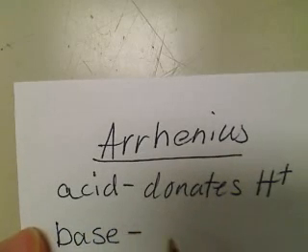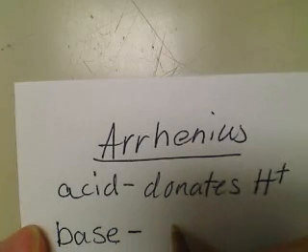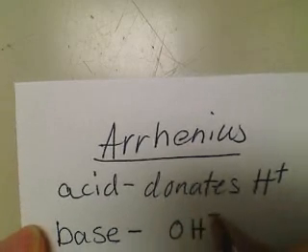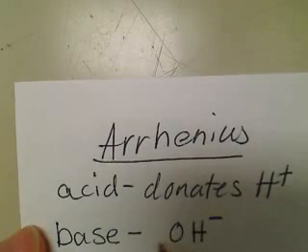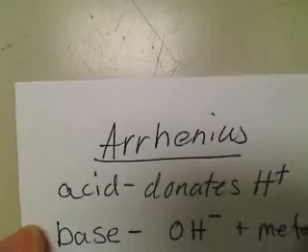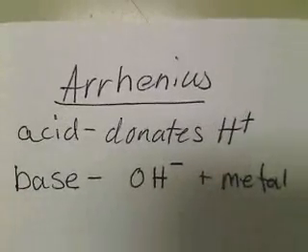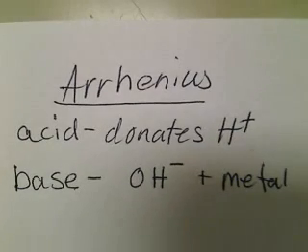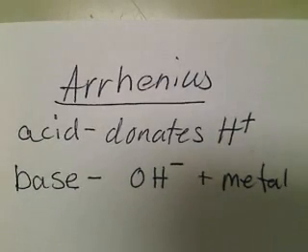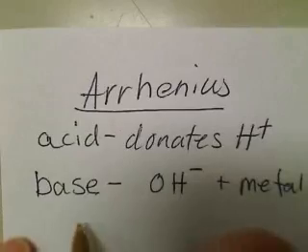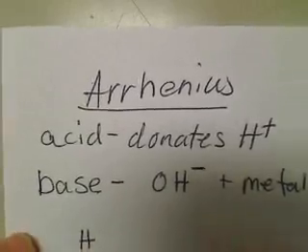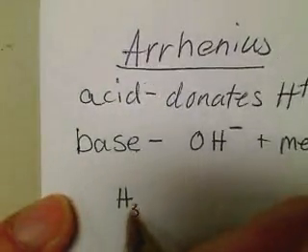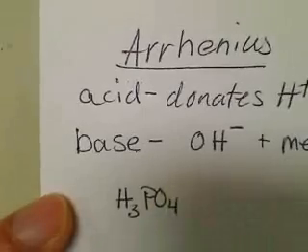And what he said is that an Arrhenius base is only going to be anything that has an OH minus, okay? So it can be any metal, so OH minus plus a metal. Oops, can you read that? Okay. So this is going to be your Arrhenius bases. Basic definition of them. So if I give you an example, we talked about this. If I give you H3PO4, okay?